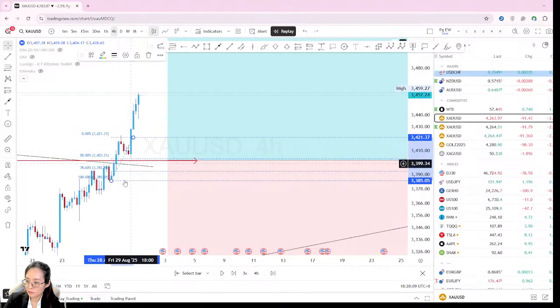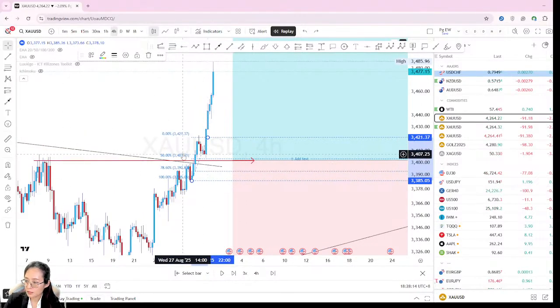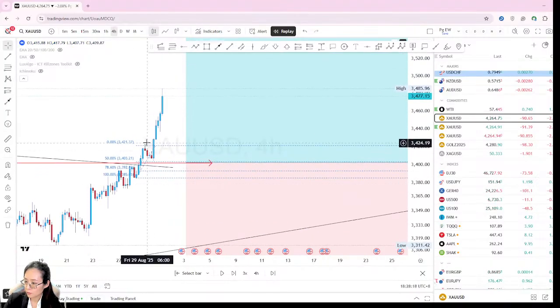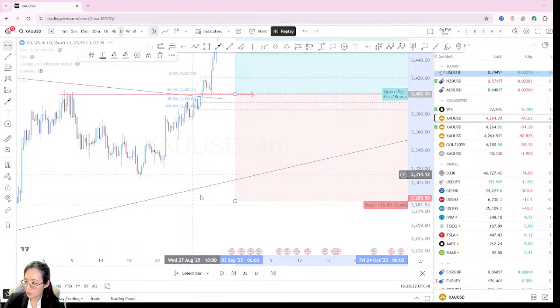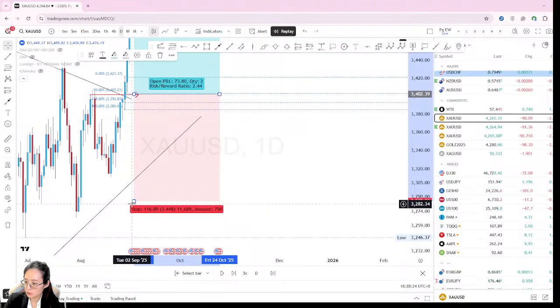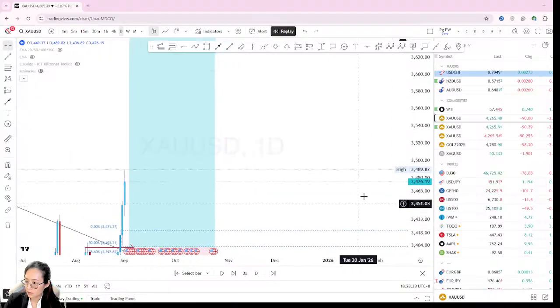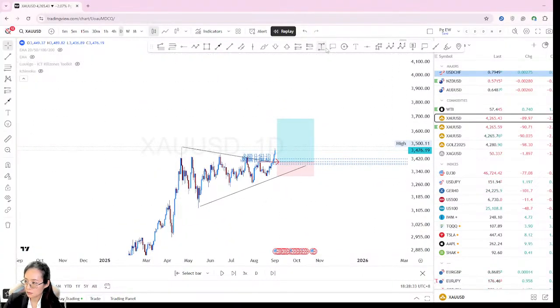Okay, almost hit 50%, but it's not. Okay, here and then rising, so wait for pullback. Stop loss you put below this or below the low, which is here, this low. And then you aim for TP.